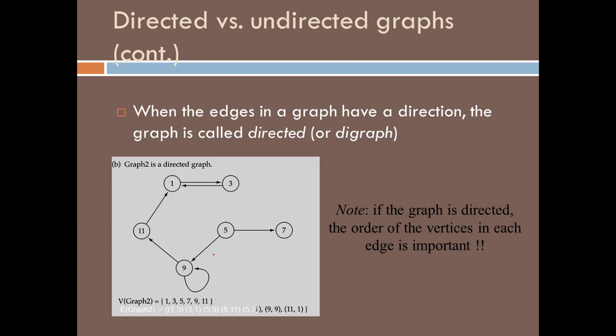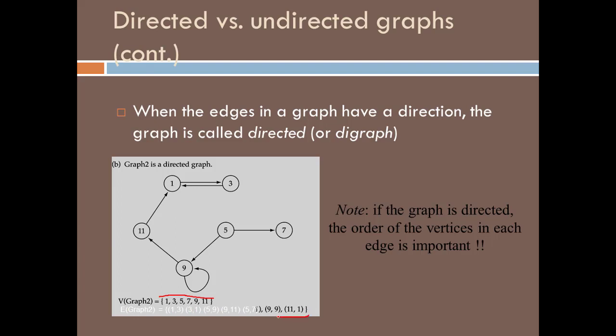Similarly, from 5 there will be the tuples 5 comma 9 and 5 comma 7. So these are the vertices in this graph 2: 1, 3, 5, 7, 9 and 11. These are the vertices of this particular graph, and these are the edges of this graph.